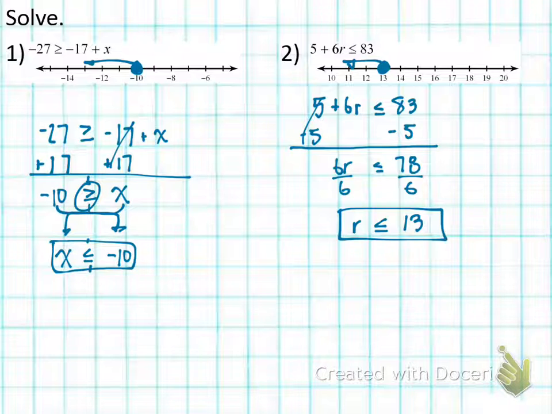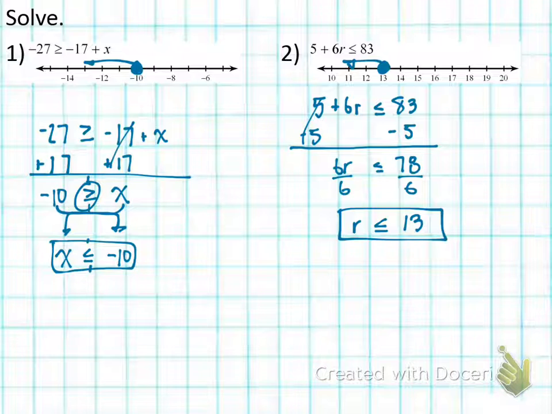Oh, this is a positive 6 and it's being multiplied with r. We always ask ourselves what's being added, subtracted, multiplied, or divided by r. Good question, right? It says positive 6, but that's not add 6. It's actually positive 6 being multiplied with r. So you've got to be careful with that.